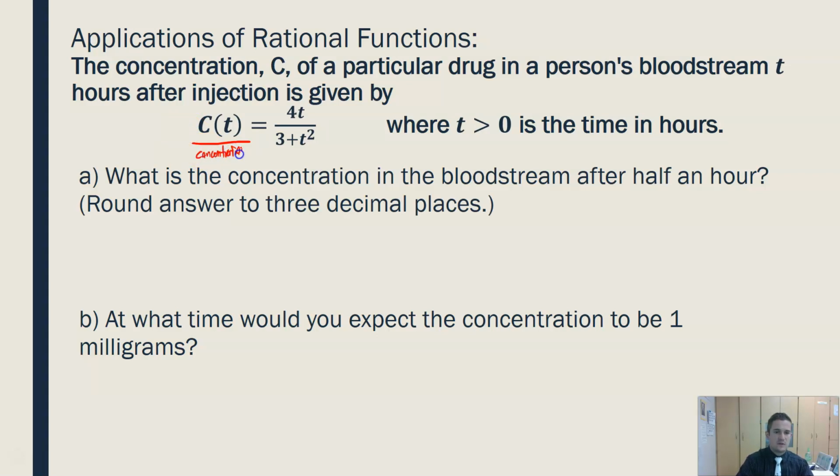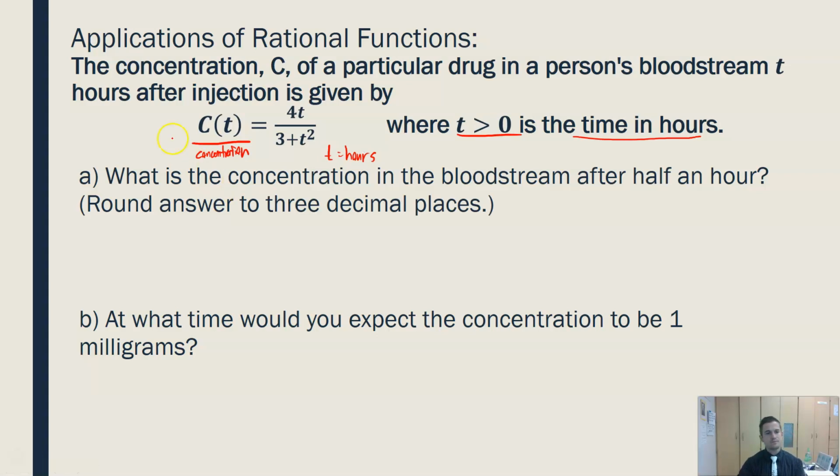So this formula gives me the concentration of a particular drug in the person's bloodstream after a certain number of hours. So t represents the time in hours. So this formula, this rational equation, because this is a fraction, will give me the concentration of a drug in a person's bloodstream after a certain number of hours.